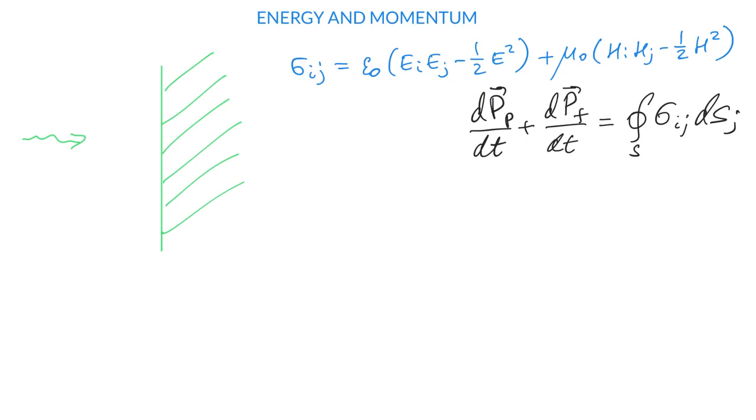So let's pick a volume with an element of the surface that is parallel to the surface of the screen and right in front of it, and then use like a pillbox that extends into the screen far enough so that there's no electromagnetic field at the back end of it.